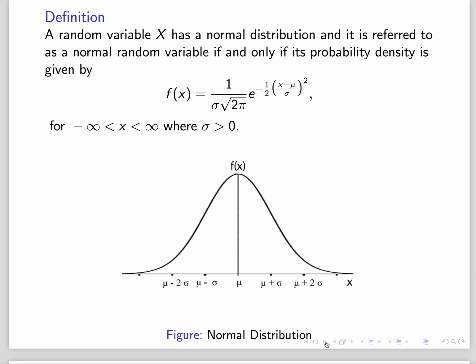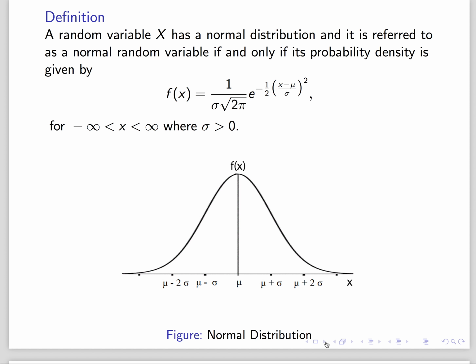Early in the 19th century, a few mathematicians noticed that this phenomenon occurs very frequently and they fit one curve to such a bell curve and introduced the normal distribution function.